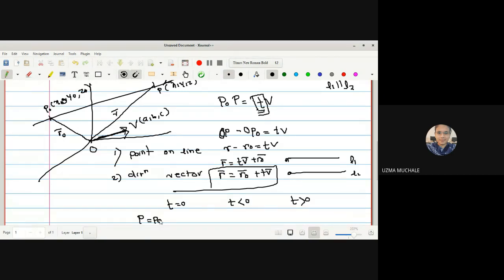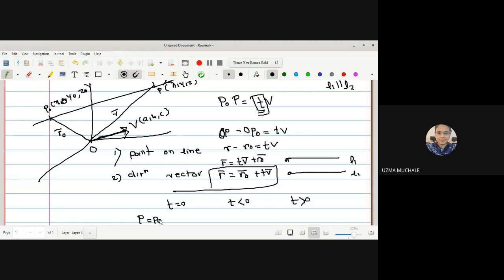What will happen if t is less than 0? Does anyone have an idea what will happen for t less than 0, or t greater than 0?